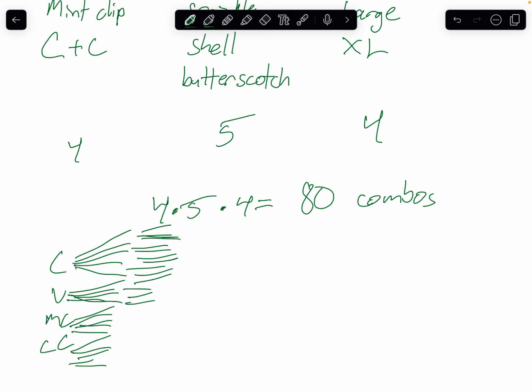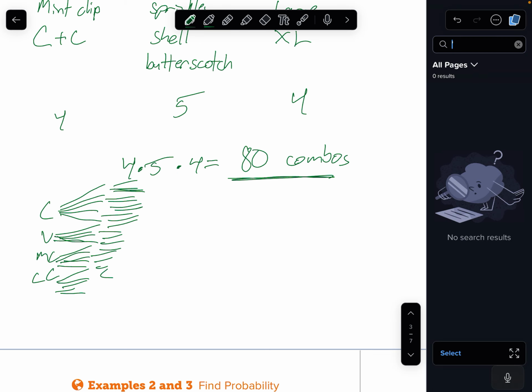And all of a sudden you can see how making a tree diagram is not necessarily a great option when we're looking at a large number of combinations. Anything I would say over 15, a tree diagram is not going to be the most effective use of time, space, and energy.